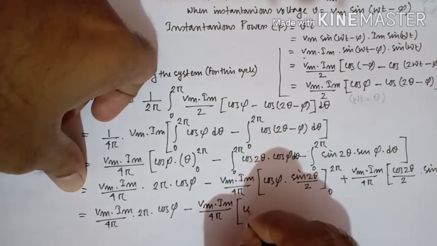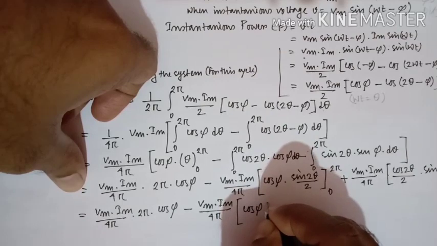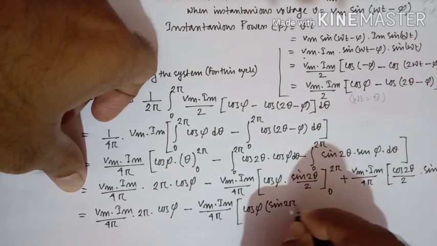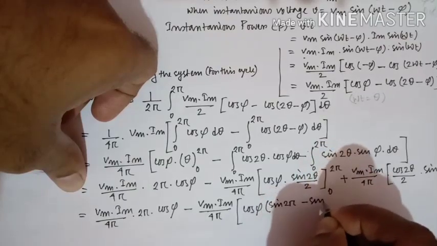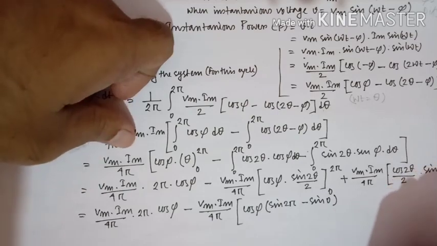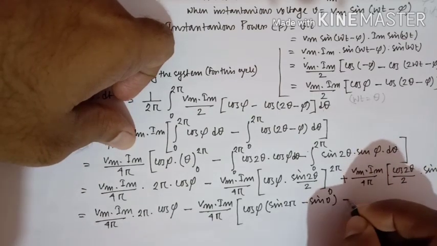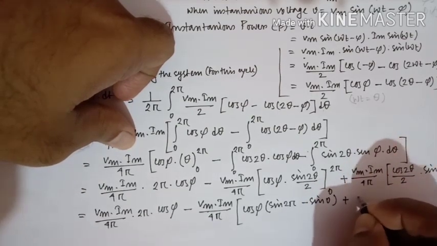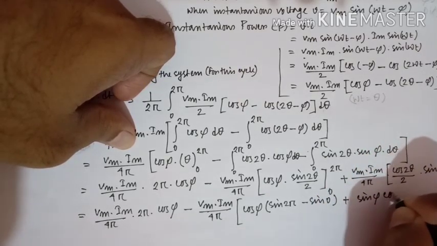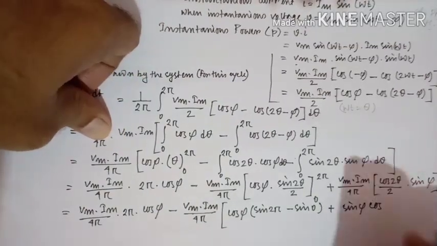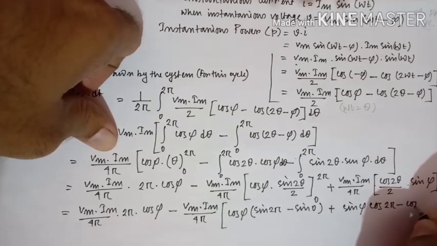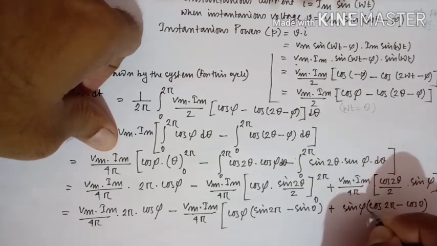So this is cos phi multiplied with sin 2 pi minus sin 0 plus sin phi into cos 2 pi minus cos 0.